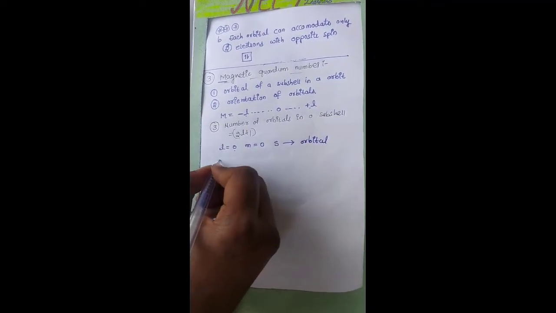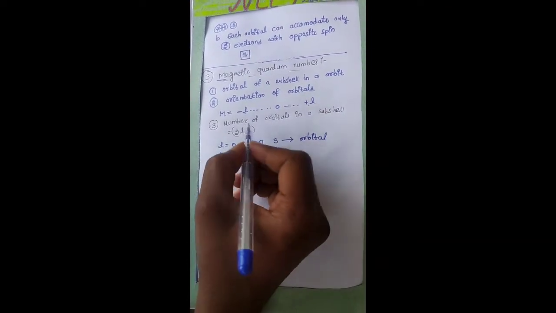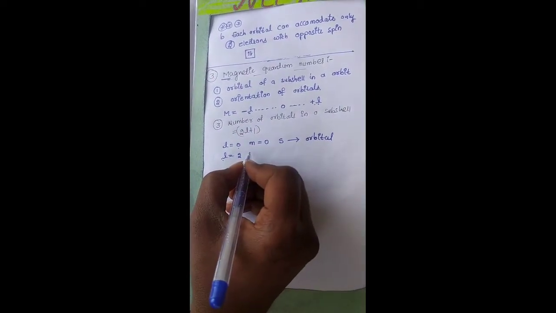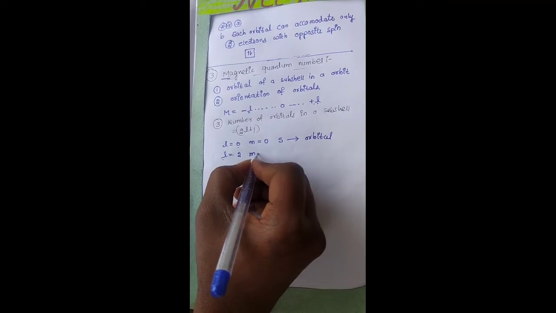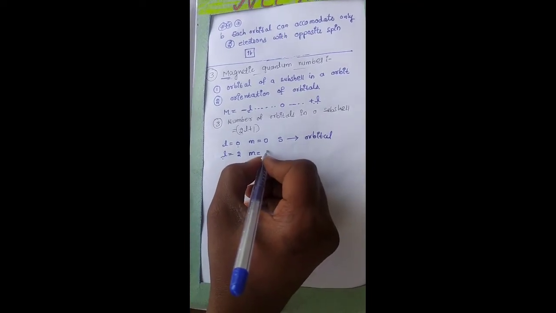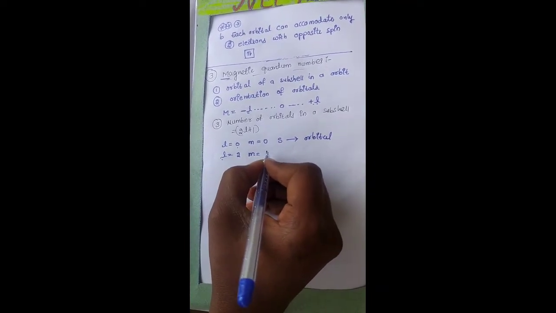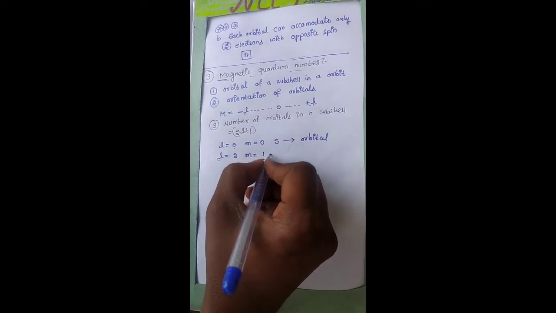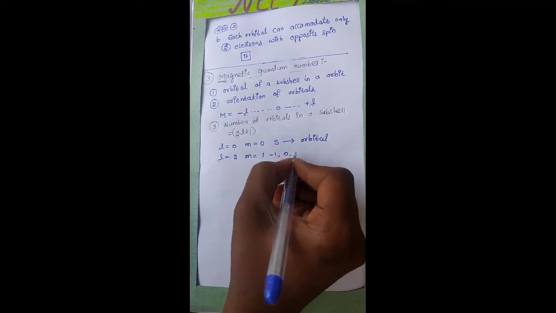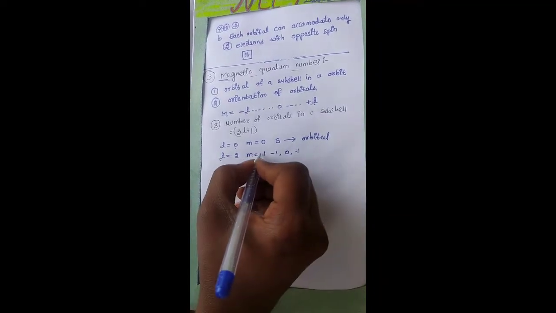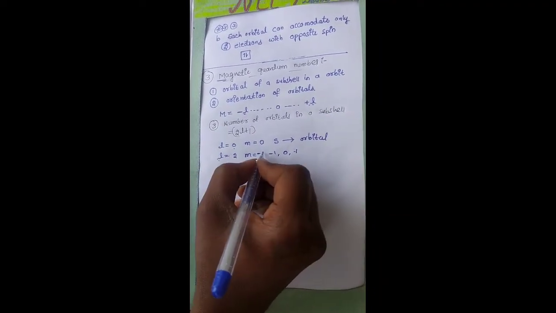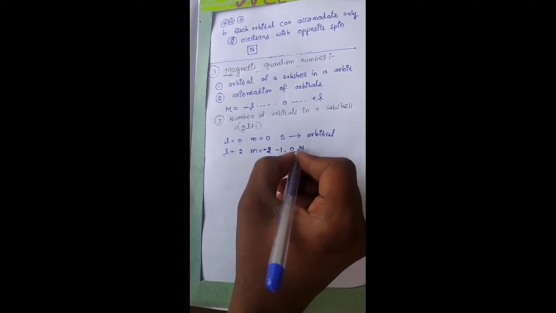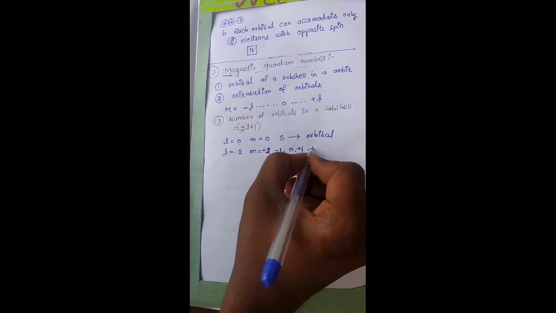If we take L is equal to 2, substitute here 2, M ranges from minus 2 to plus 2. So what are the orbitals? Minus 2, minus 1, 0, plus 1 and plus 2, students.